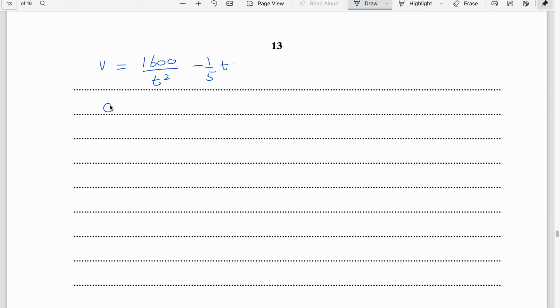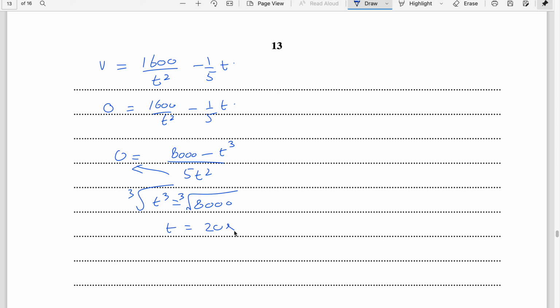When velocity is 0, 1600 over t square minus t by 5, take the LCM, that is 5t square: 1600 into 5 is 8000, minus t cube, equals 0, so t cube equals 8000. Taking the cube root on both sides, t equals 20 seconds. So the third equation applies from time 8 to 20 seconds.